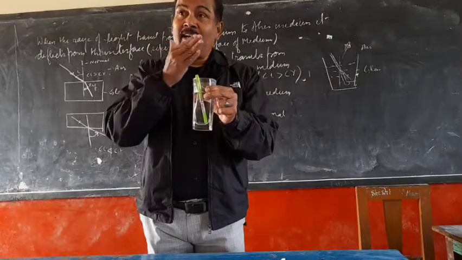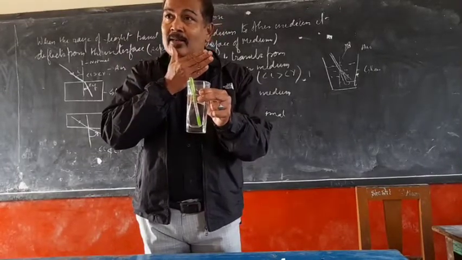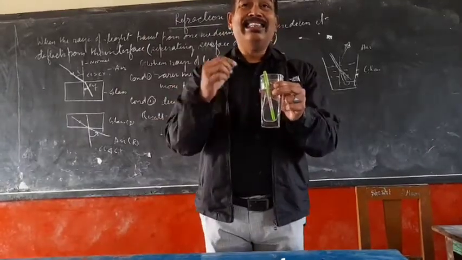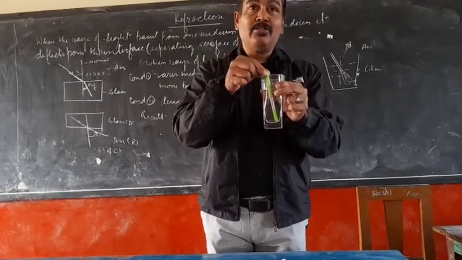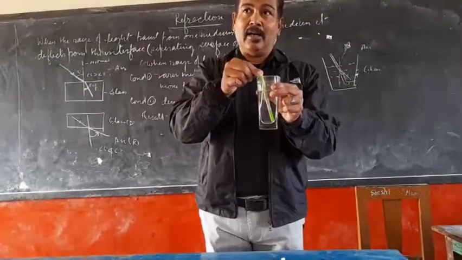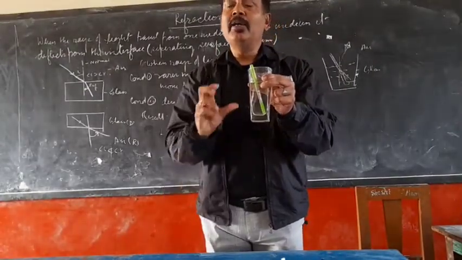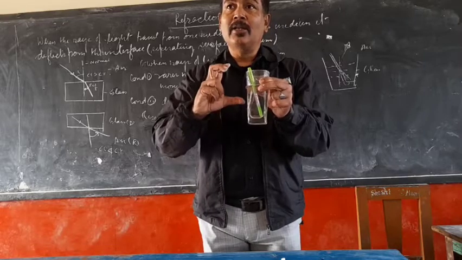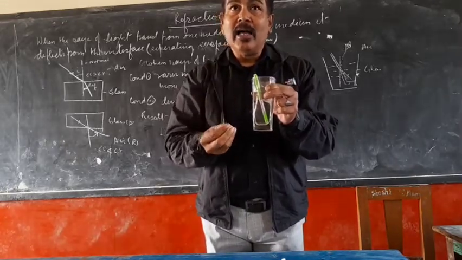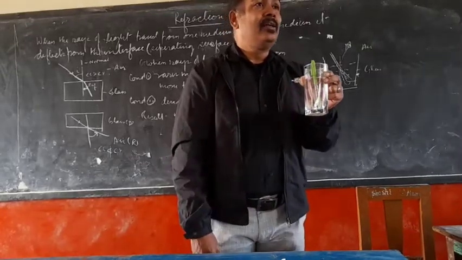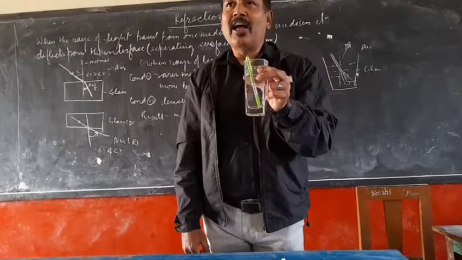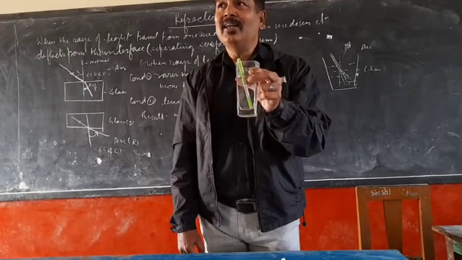So the rays of light bend towards the normal, and that is why this straight pen, when it is completely in the air, as I put it down in the glass filled with water, appears to be bent. क्या होता है वो? वहां से bent नजर आता है, वहां से मुड़ा हुआ नजर आता है. And this is the practical example of refraction in our day-to-day life.